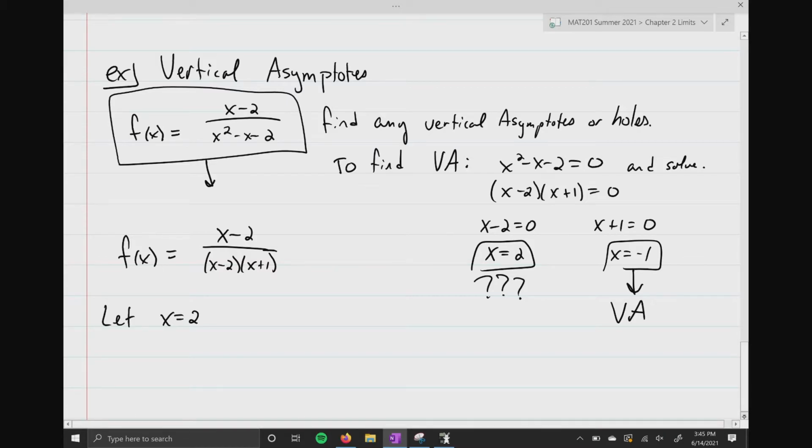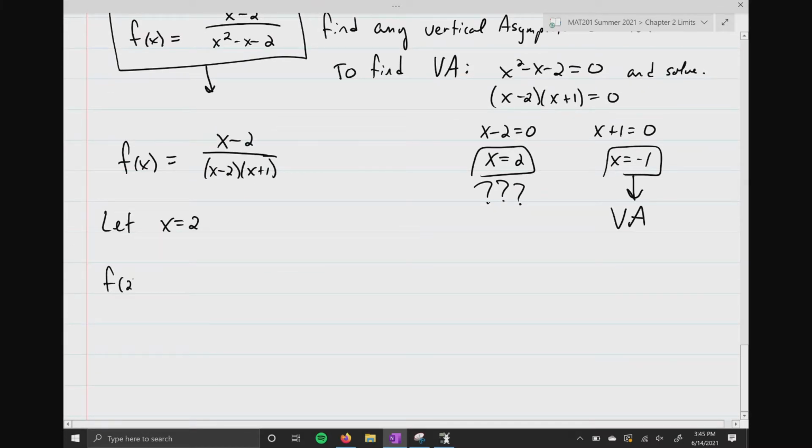So when I do that, f of 2 is going to equal 2 minus 2 over the quantity 2 minus 2 times the quantity 2 plus 1. Now, if I were just to simplify this the way it looks right now, in the numerator, I would get a 0. In my denominator, 2 minus 2 is 0, 2 plus 1 is 3, and 0 times 3 is 0. Whenever you have 0 divided by 0, that is called an indeterminate form.